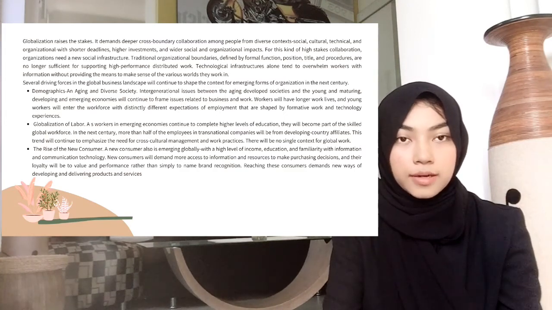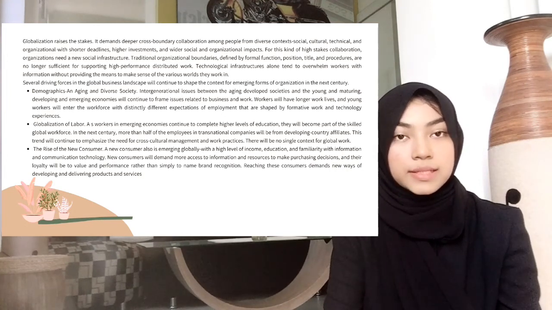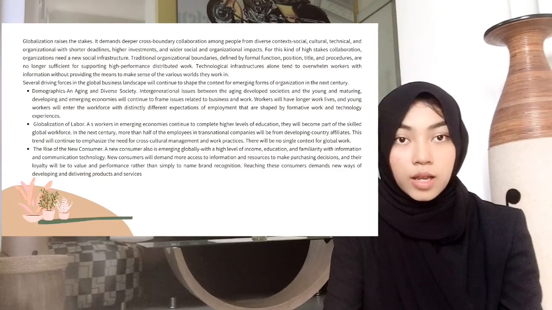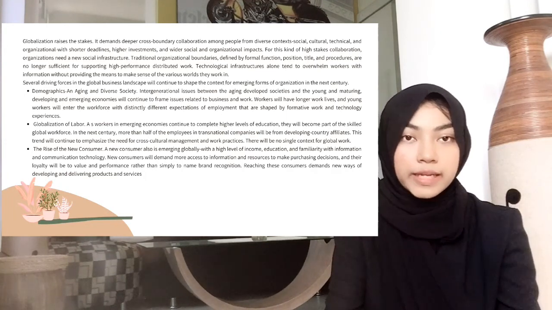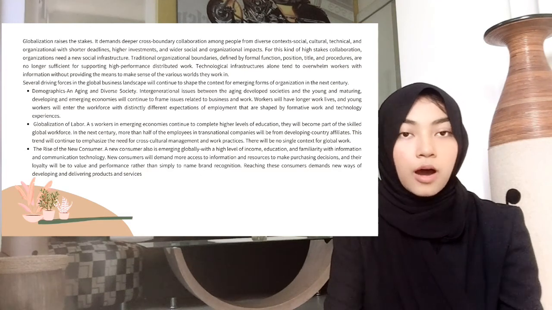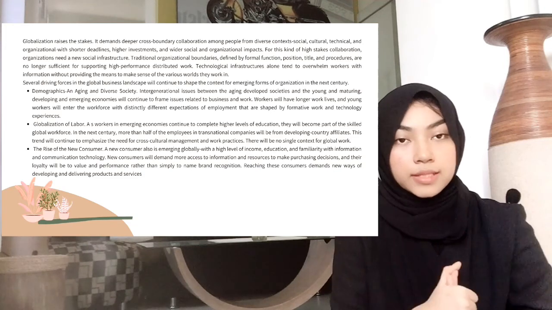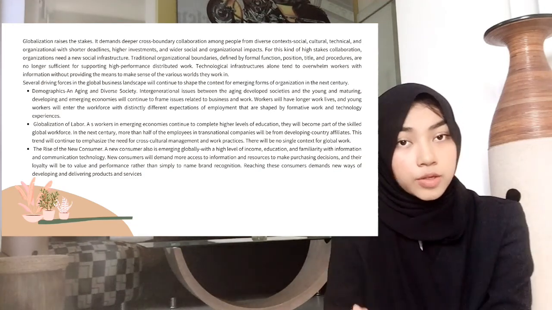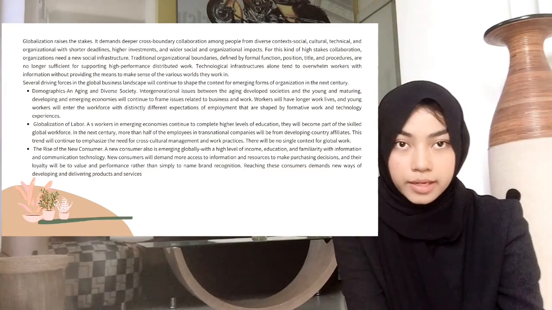Traditional organizational boundaries, defined by formal function, position, title, and procedure, are no longer sufficient for supporting high-performance distributed work. Technological infrastructure alone tends to overwhelm workers with information without providing the means to make sense of the first work they work in. Several driving processes in the global business landscape will continue to shape the context for emerging forms of organization in the next century.